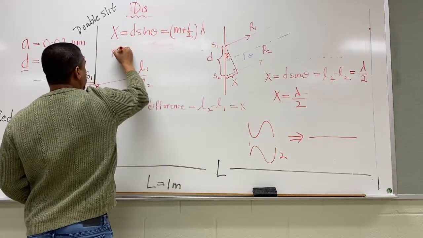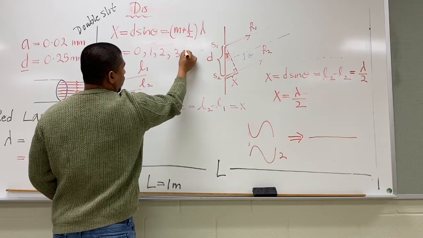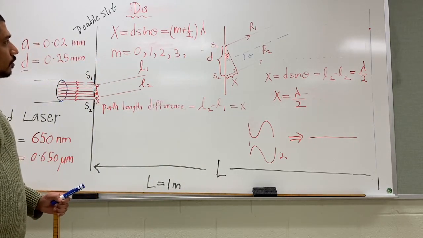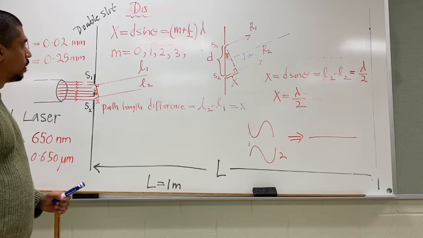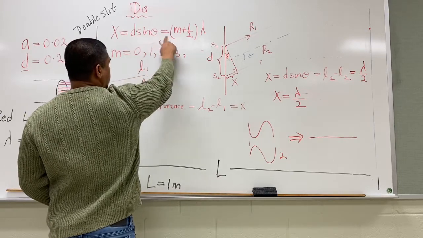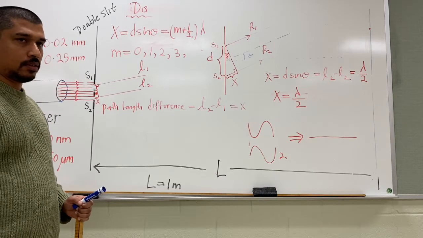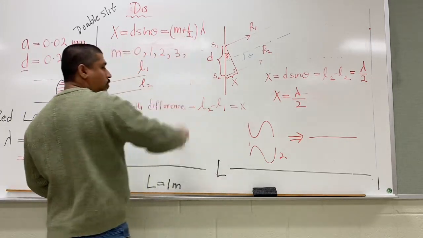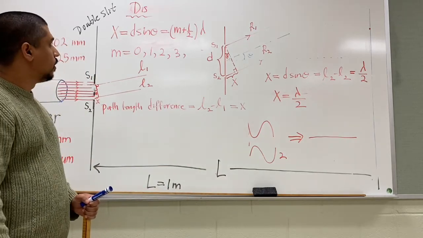M can have these values 0, 1, 2, 3, all the integers. So when m equals 0, path length difference is half lambda, you have destructive interference. When m equals 1, you have 3 by 2 lambda, again you have destructive interference. So that is the condition for destructive interference.